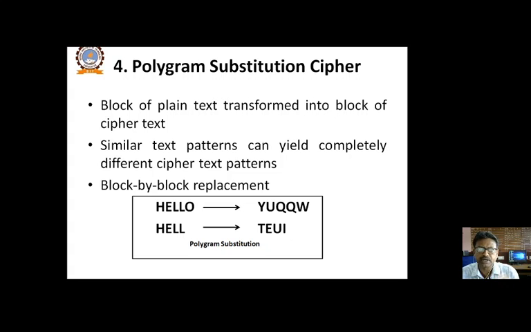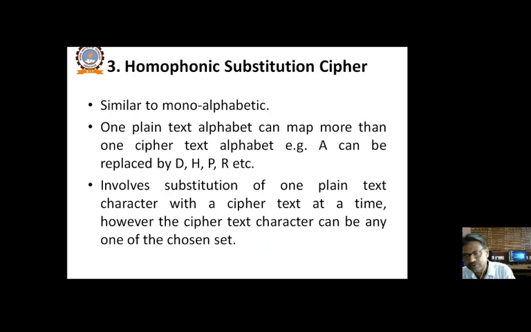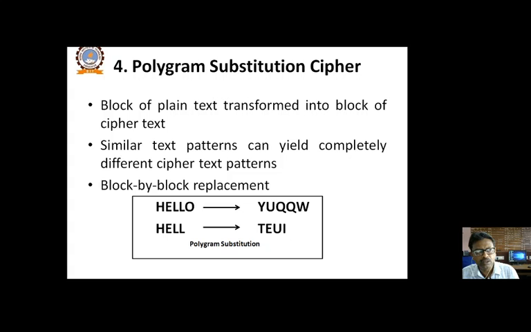Previous to polygram substitution cipher, whatever we have discussed, Caesar cipher, modified Caesar cipher, mono-alphabetic, as well as the homophonic, all will be replacing character by character, alphabet by alphabet. But in this polygram substitution cipher, instead of replacing character by character or alphabet by alphabet, we are going to make block to block replacement.